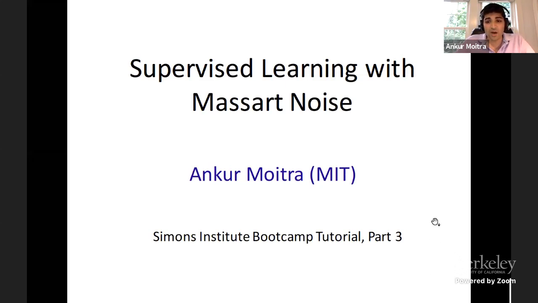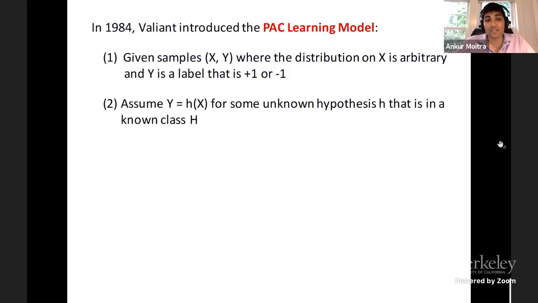So let me start off by telling you about the classic framework for talking about supervised learning. This goes back to Les Valiant's famous paper back in 1984, in which he introduced the PAC learning model. So here's how the PAC learning model works. We're given samples, which are X, Y pairs. You're thinking about X as being a high dimensional vector.